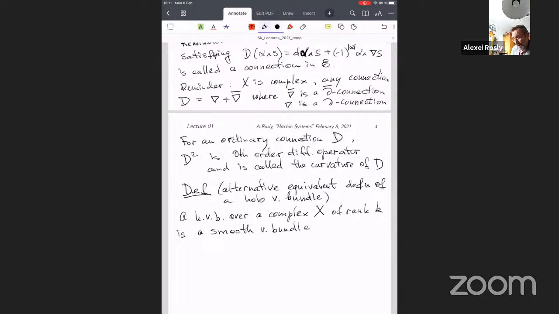Those are called just complex vector bundles.